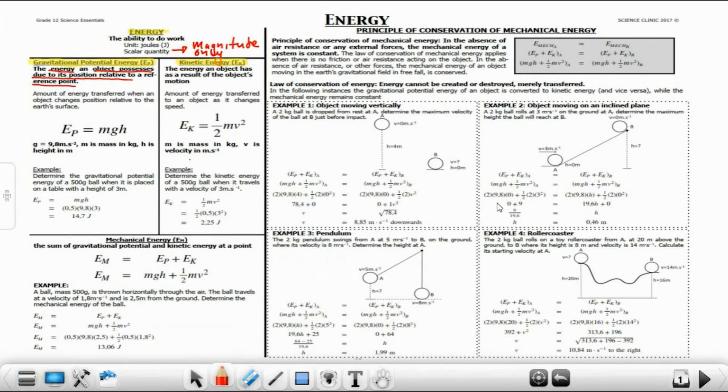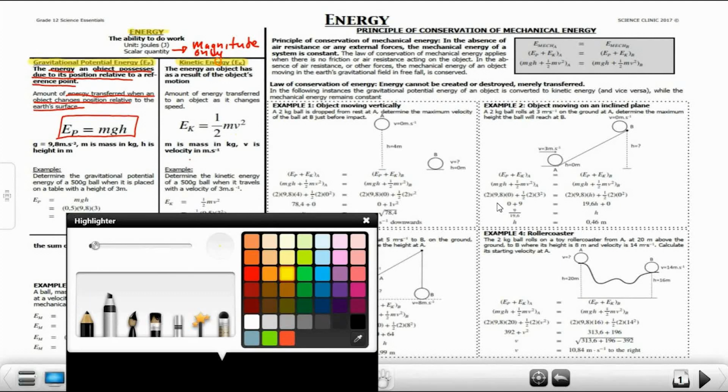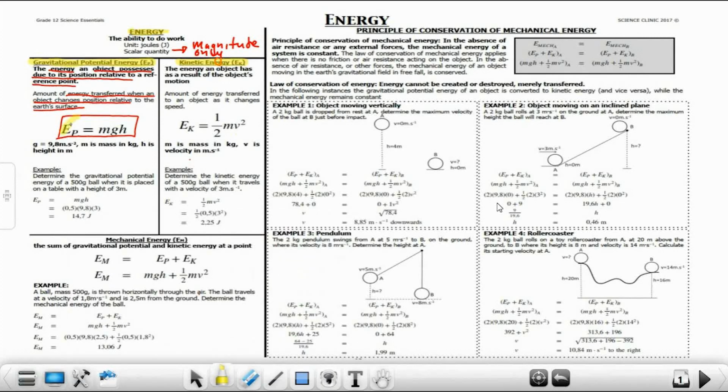We further move on to say the amount of energy transferred when an object changes position relative to Earth's surface is given by this equation. So the equation for us to calculate EP, which is potential energy, is EP equals mgh.